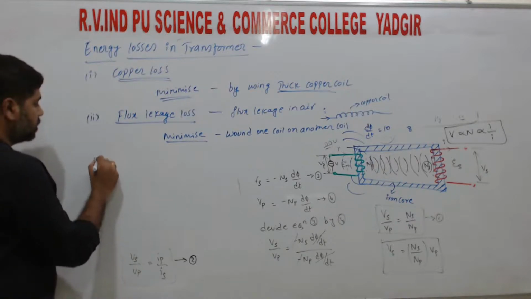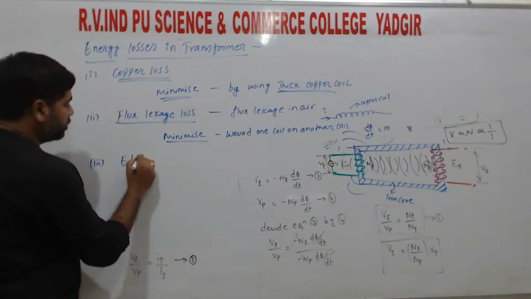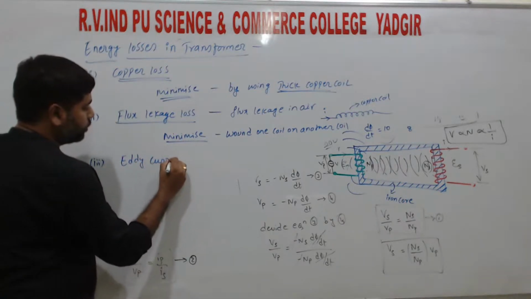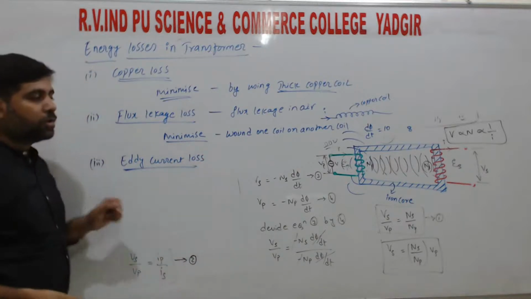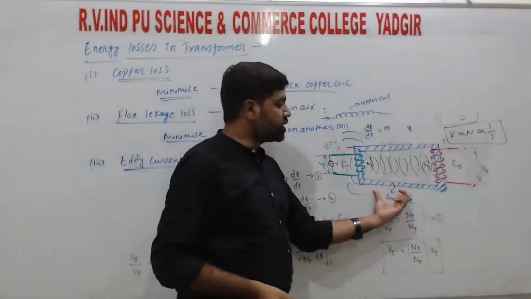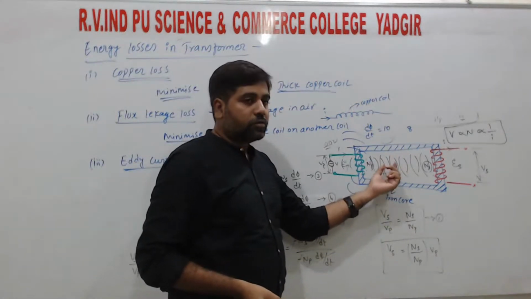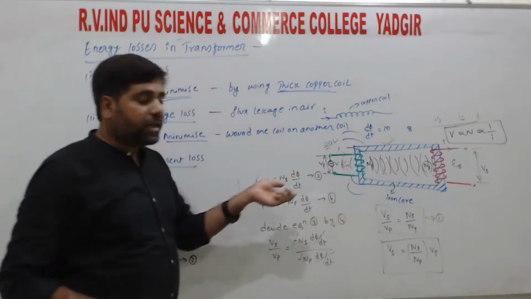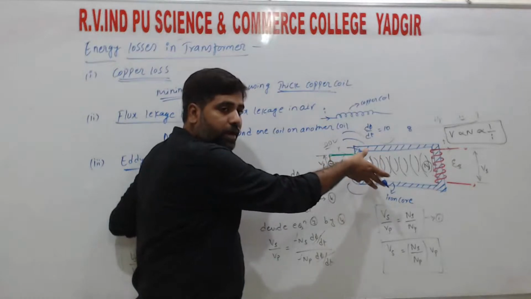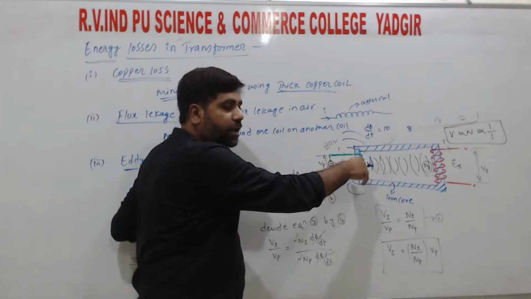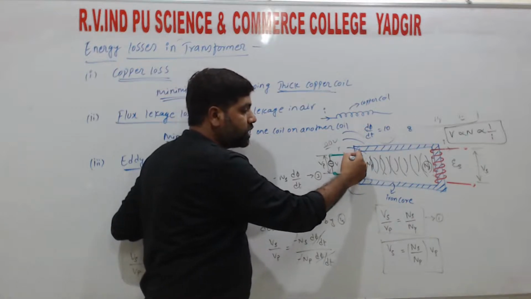Next, the third one, eddy current loss, right? Suppose we keep this transformer in a varying magnetic field. If we place the transformer in some magnetic field, then as the magnetic field varies, current is produced in the coils.